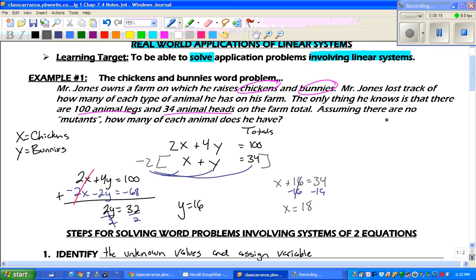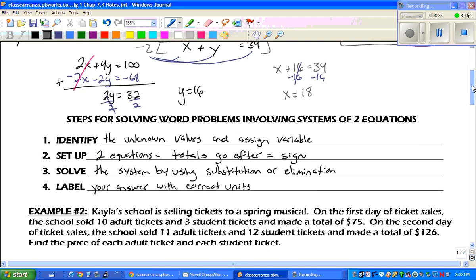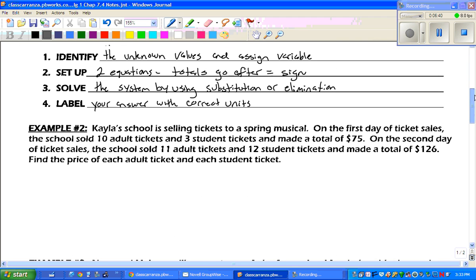Okay, so we know our answers. So now we need to label that we have 18 chickens and 16 bunnies. It's a nice thing about these linear systems that you can take problems like this and you can actually go through and solve them.